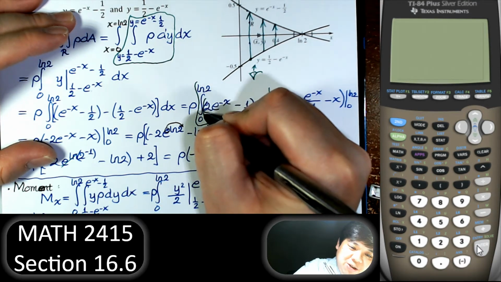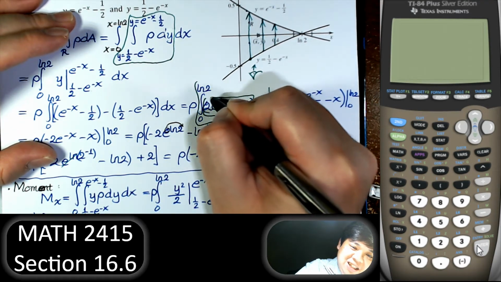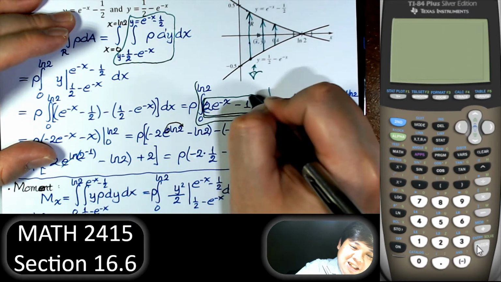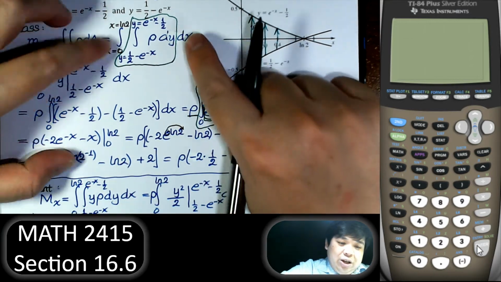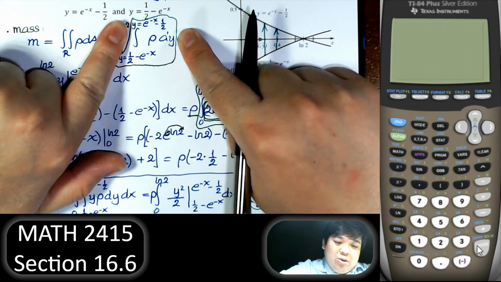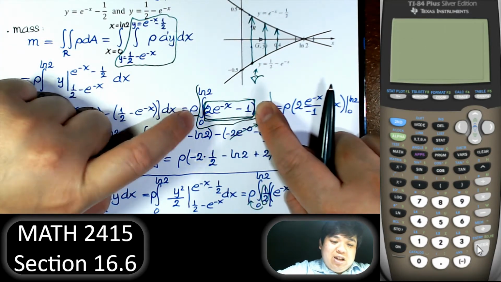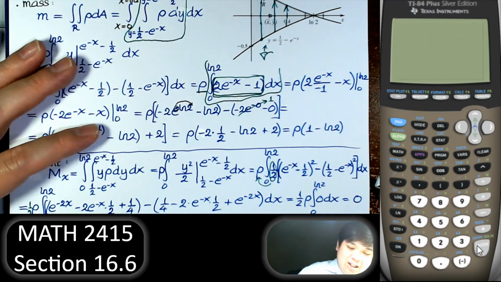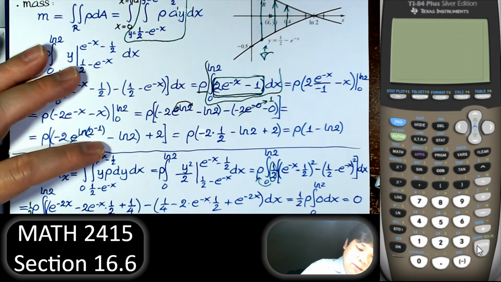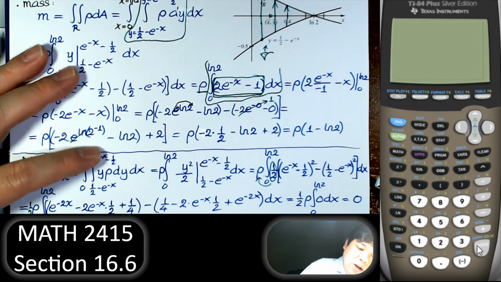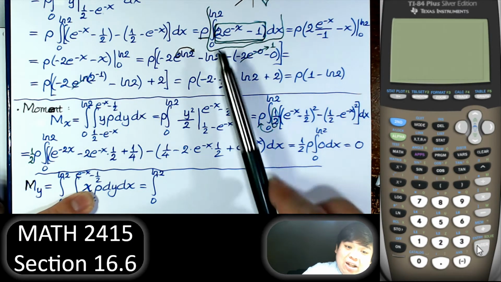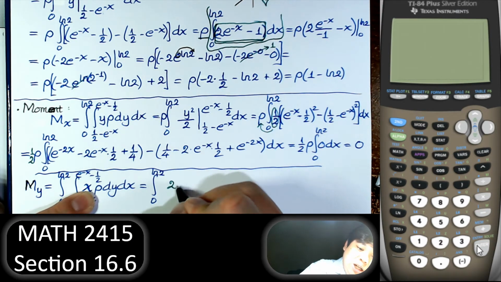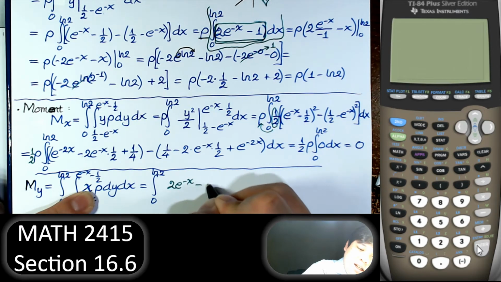What I mean to circle is this. And then rho. Right? So the inside, when we integrate, we will have that. Of course, there's rho. Because here adding x, it's just adding a constant with respect to y. So they should not change much. Everything inside, it's just 2e to negative x, negative 1.